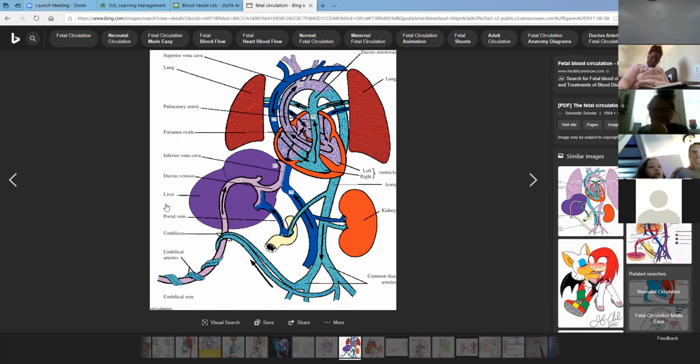So remember, these organs aren't completely bypassed. Obviously, they need blood, but they're partially bypassed. And then blood is sent into the right ventricle, sent into the pulmonary trunk. But there's a second lung bypass called the ductus arteriosus, a direct connection between the pulmonary trunk and the aorta, so blood again can bypass the lungs.